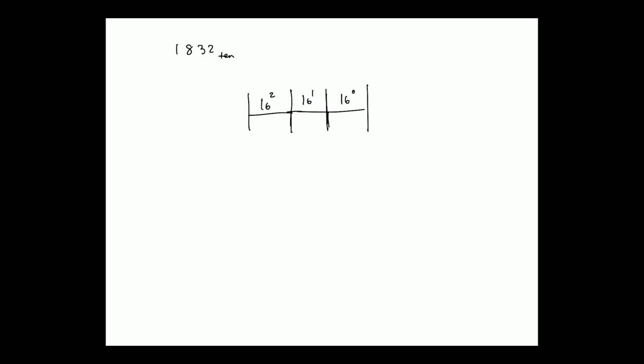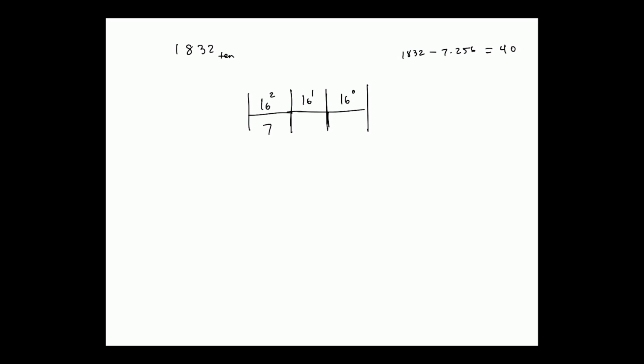So it's 7 point whatever. But 7. So how much did I just use? I just used 7 times 256. So if I subtract, 1832 minus 7 times 256 leaves me with 40. So there's the remainder.